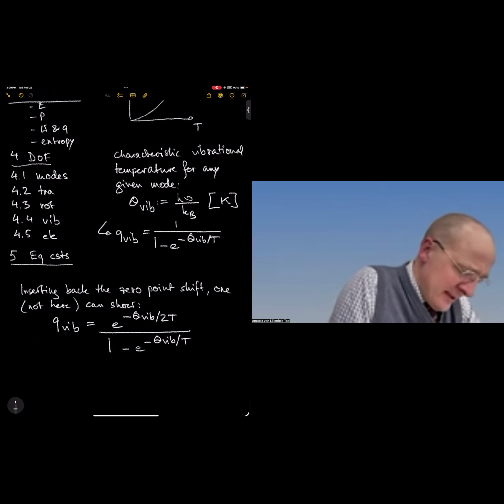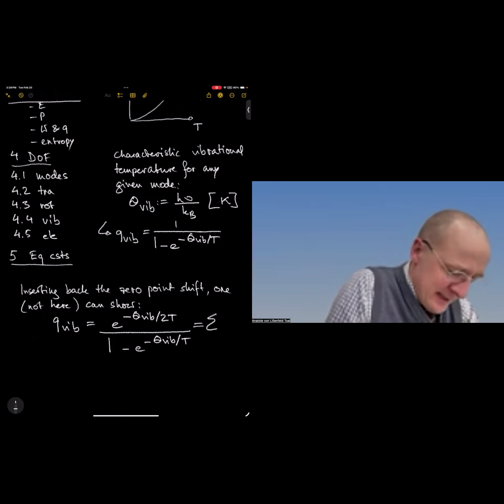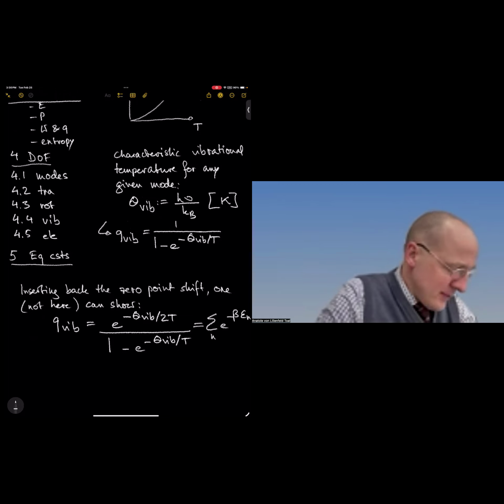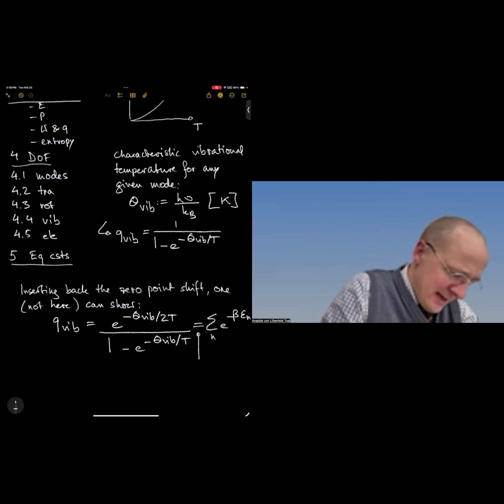Now, again, this is the same as writing my default expression for my n vibrational states over these eigenvalues, right? And so this is extremely nice. It's a closed form expression.